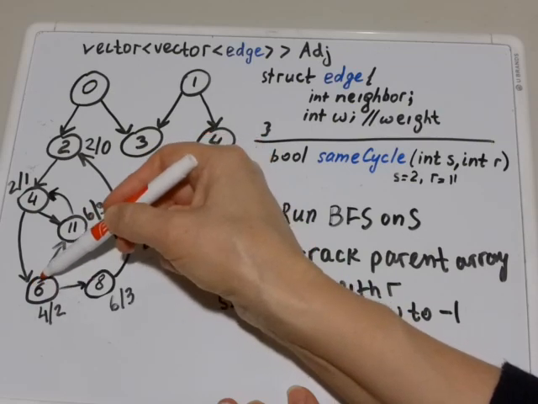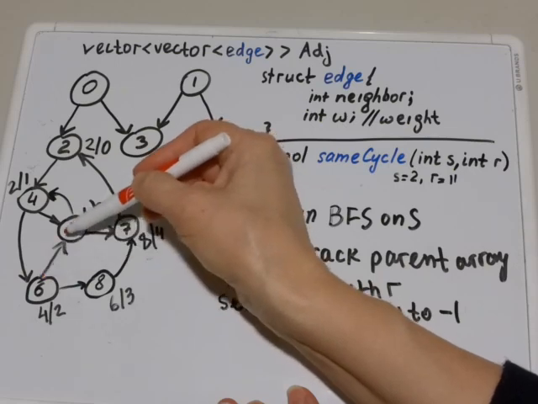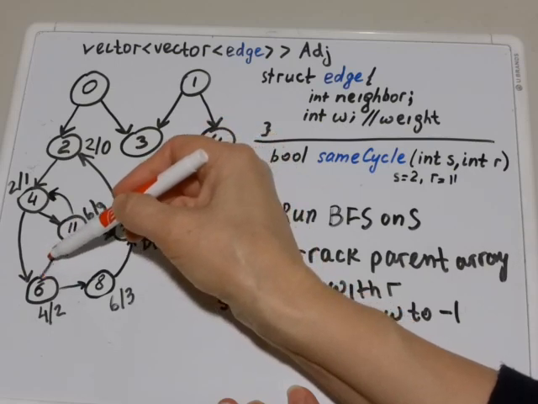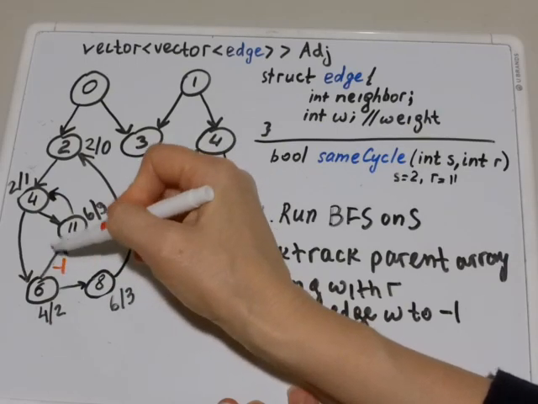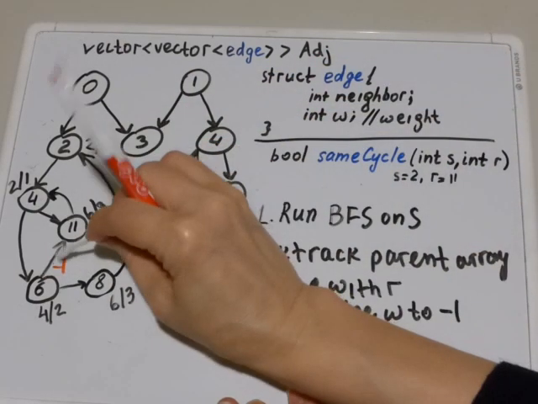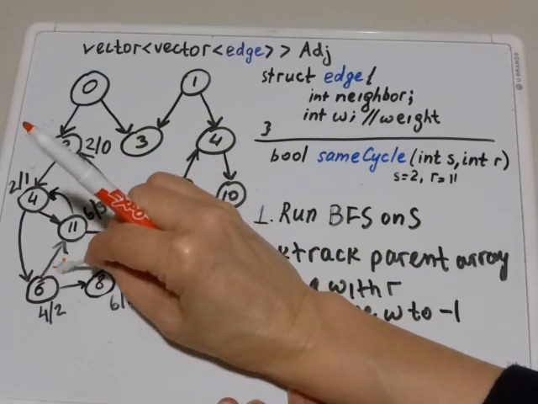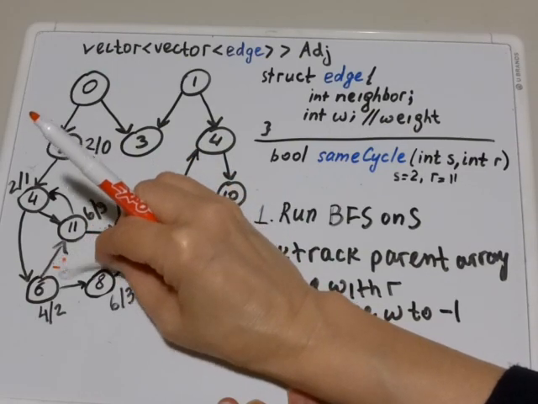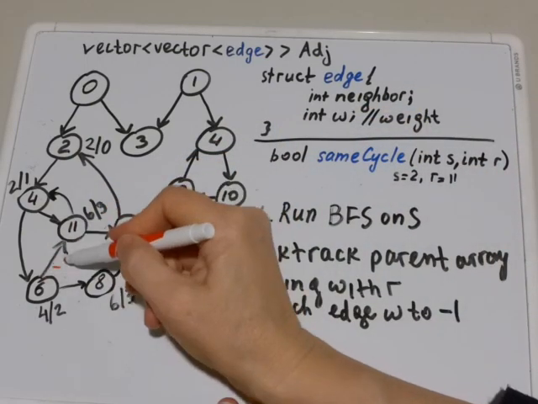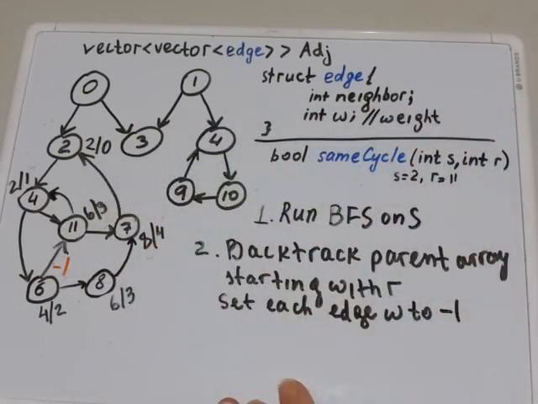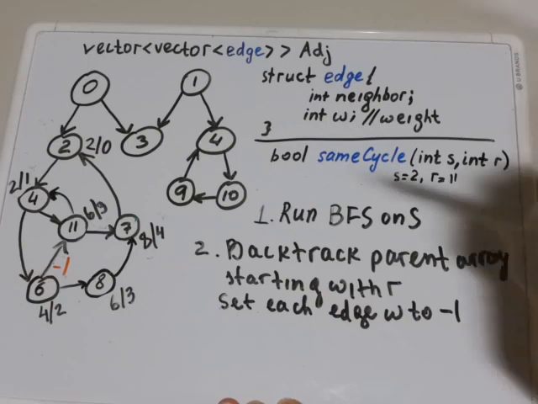Find the edge that goes from 6 to 11 and set weight of that edge to -1. So we're using this W to hold extra information. All W's were initialized with 0. Now this edge 6-11 has weight set to -1.